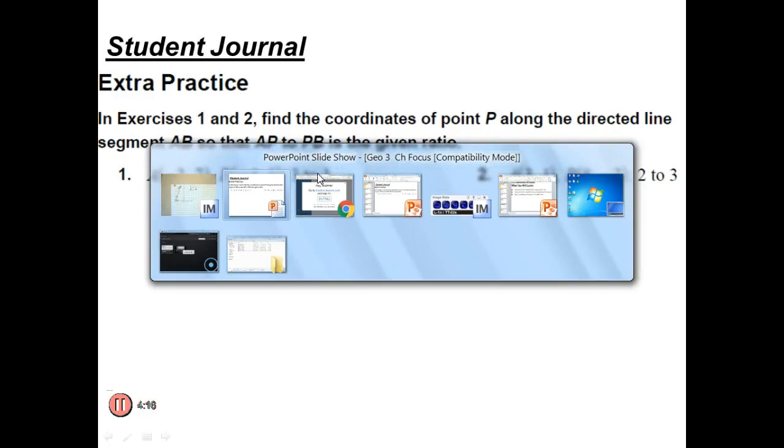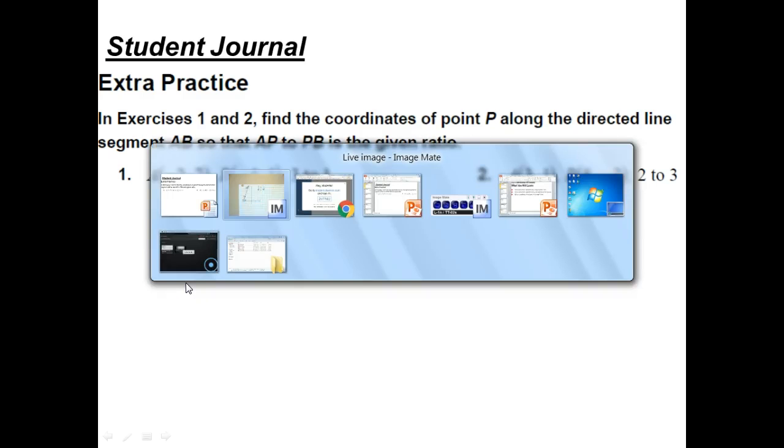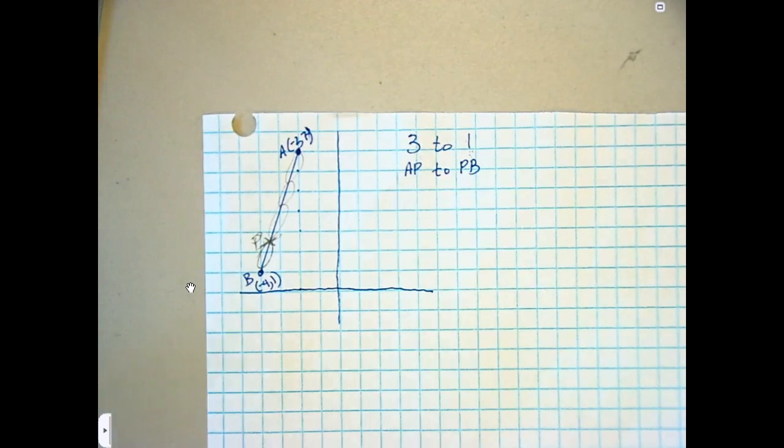If I go back to this, it says so that AP to PB, just like they have their ratio, 3 to 1. So that would be AP to PB, and that's how they say it up here. So that means AP has to be 3 times as big as PB. That's going to be one of the most confusing pieces for a lot of you. So from there, let's go ahead and figure that out.